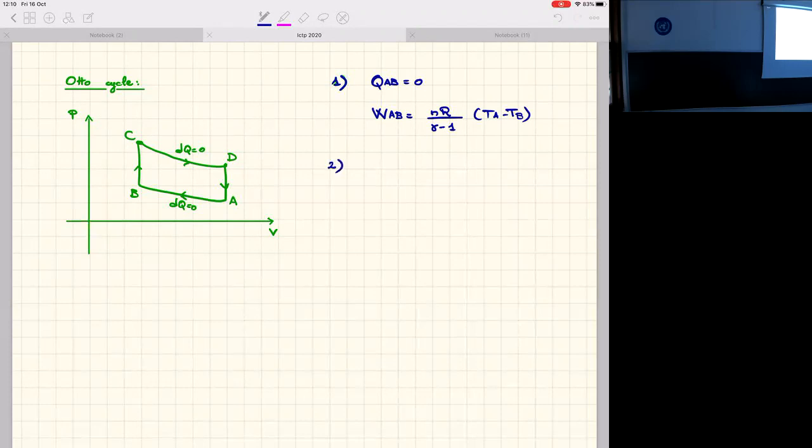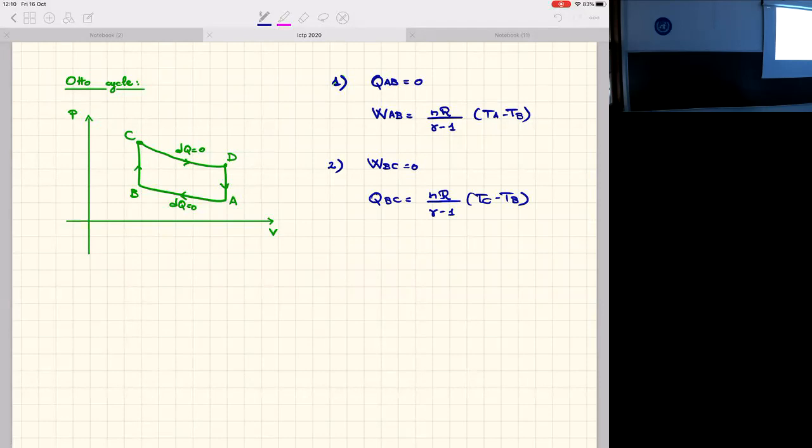Second stroke, isochore, work is equal to 0, and heat is nR divided by gamma minus 1, (Tc minus Td). You see, since I'm not using two isotherms, I'm not really operating between two given temperatures in this cycle.